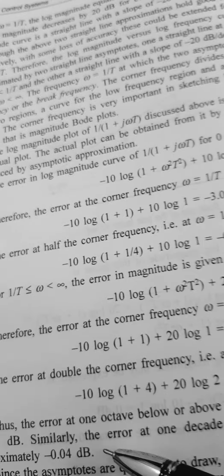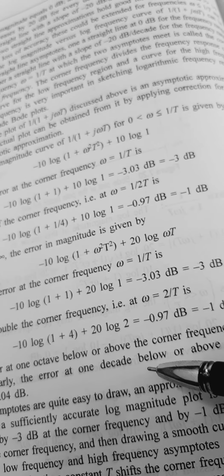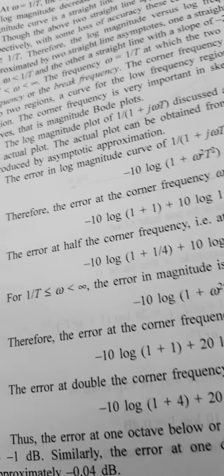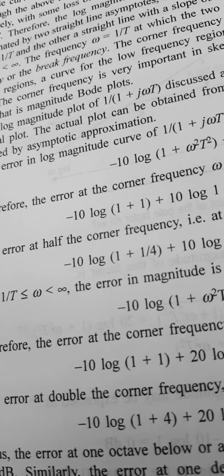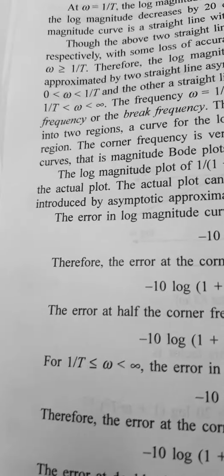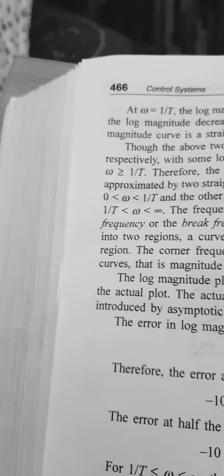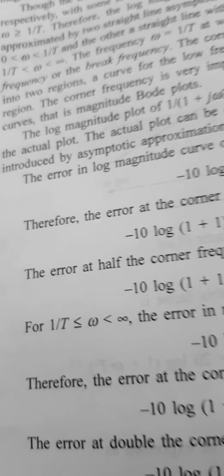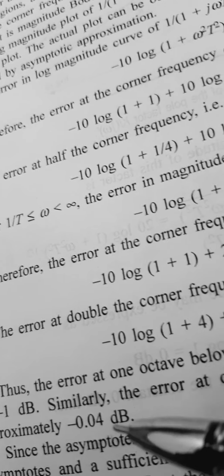Similarly, you can calculate the error at one decade below or above the corner frequency. If you substitute omega equal to 10 by T, or omega equal to 0.1 by T instead of 1 by 2T, then you are getting, for a decade, minus 0.04.